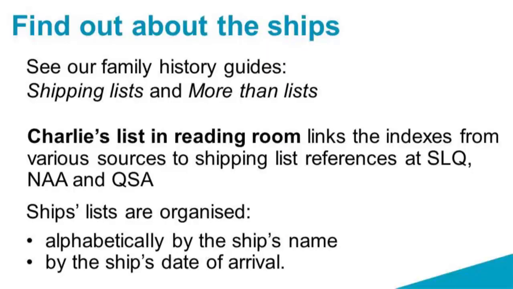So, just a final thing: if you want to find out about the ships themselves, we have two info guides that you would have seen up at the desks, shipping lists, which is mainly links to indexes, etc., and then there's a more-than list, which gives you guides to where you can find more information. We also have, at the Family History Desk on Level 3, Charlie's list. Charlie is one of our volunteers.